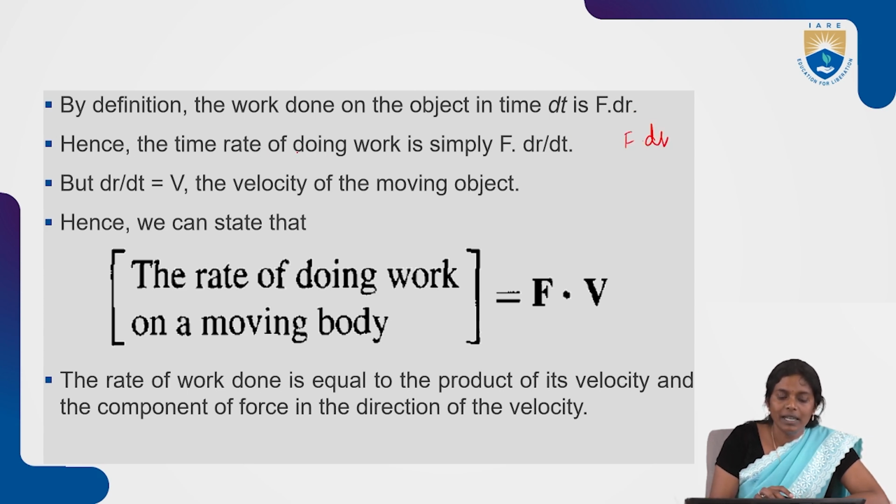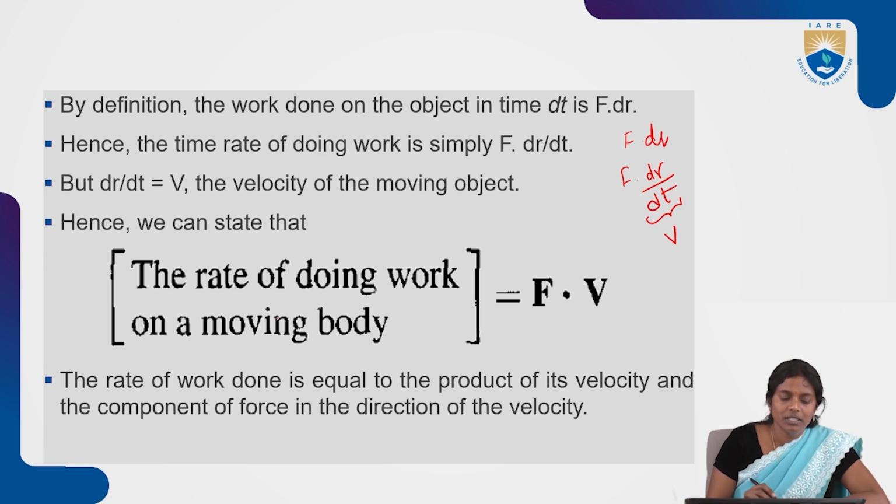Hence the time rate of work done is the work done on the object in time delta t, F dot dr, divided by delta t. So the time rate of doing work is F dot dr by dt. Now dr by dt we can write as the velocity of the object, right?